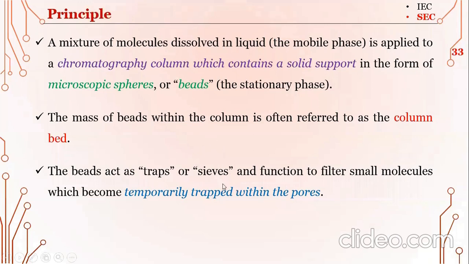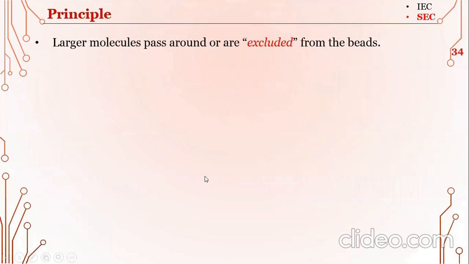They will not be trapped, they will elute out, and then we will elute the trapped molecules. Larger molecules pass around or are excluded from the beads, so they will not be trapped in those beads.